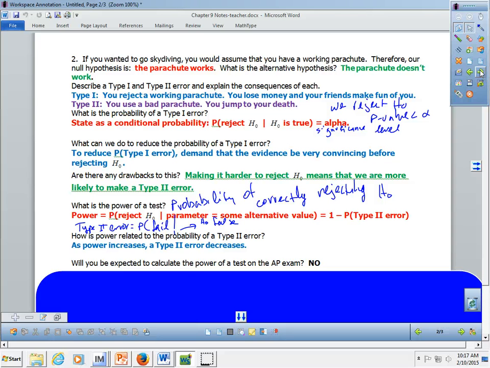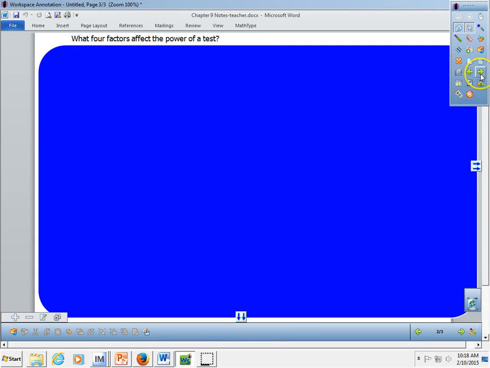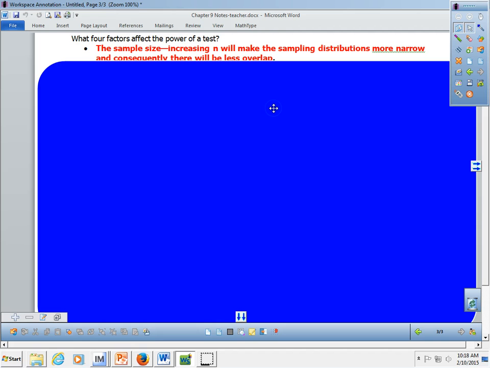And in just a second, we're going to talk about some factors that affect, excuse me, the power of a test. You need to understand how some of these factors affect type 1, type 2, and power, at least conceptually, if not numerically, okay? And those are the 4 factors that affect the power of a test.